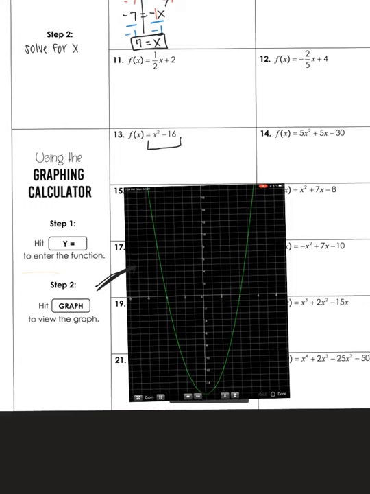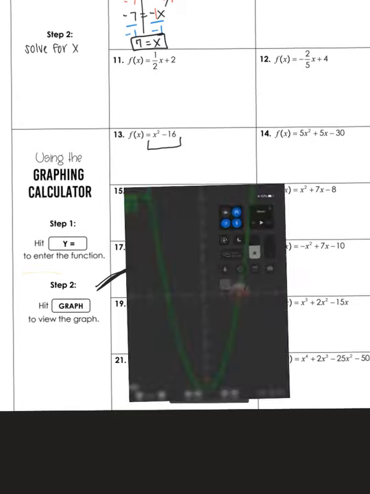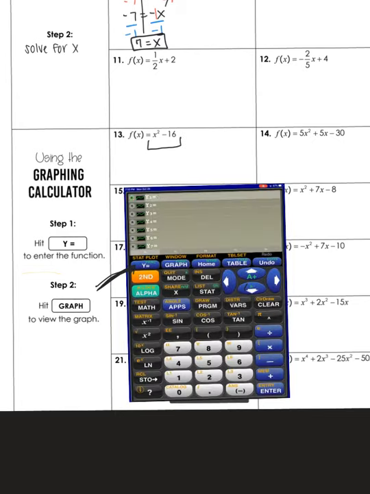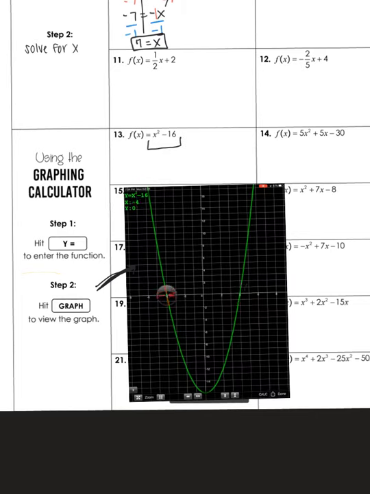And if you look, here is our graph. The zeros are where the x-intercepts are located, so where the graph crosses the x-axis. Here you have 2 solutions. Let's scroll through this again. Here there were 2 solutions.